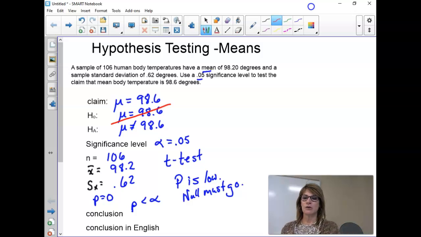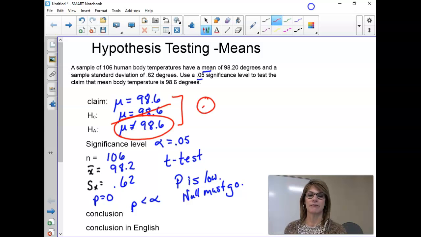And then circle the alternative. And then check to see, does your claim match what you have left? Equaling 98.6, not equaling 98.6. Those are not the same. Okay, they're not the same.